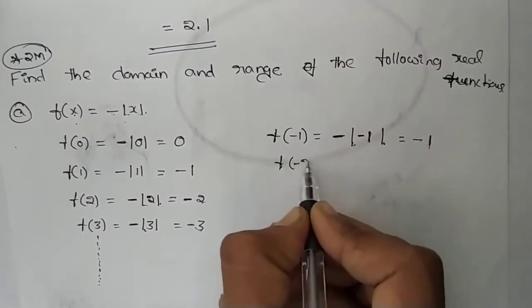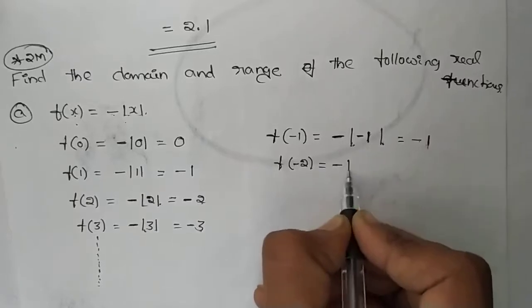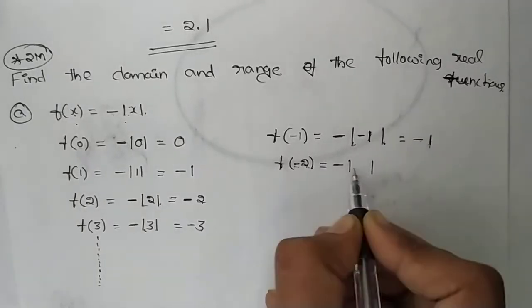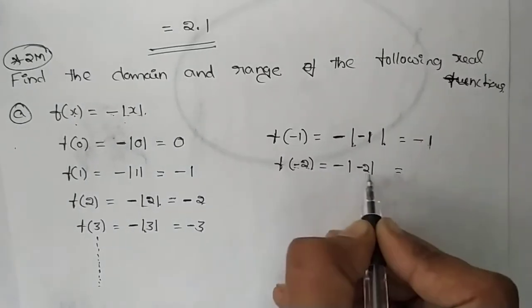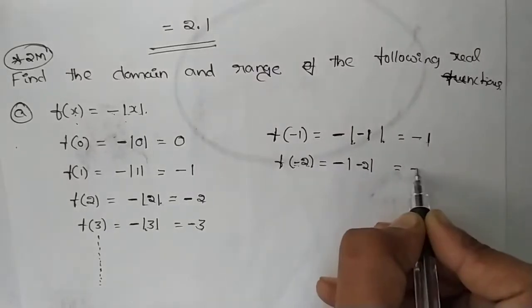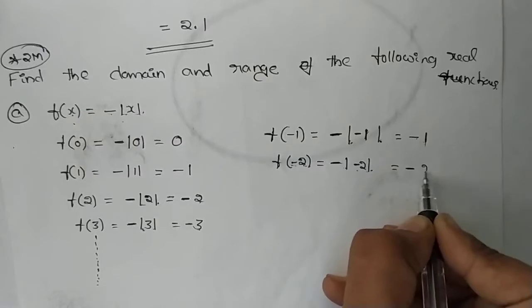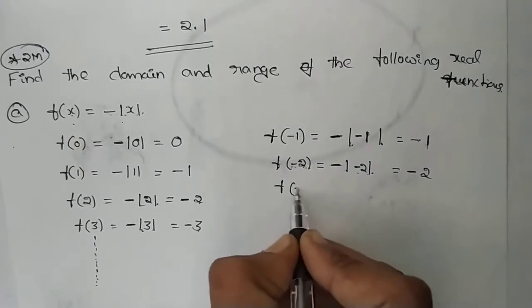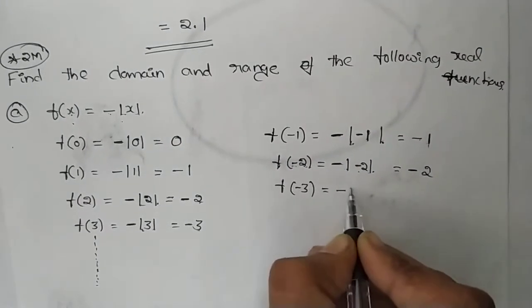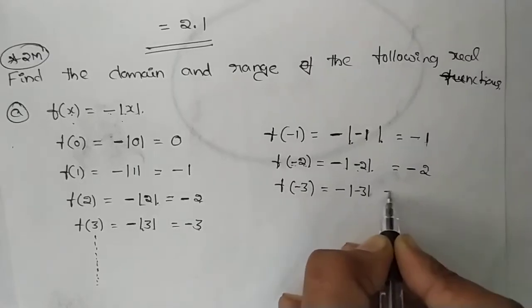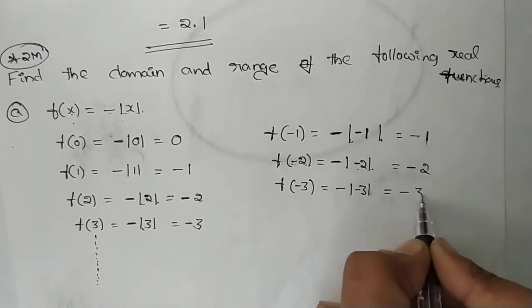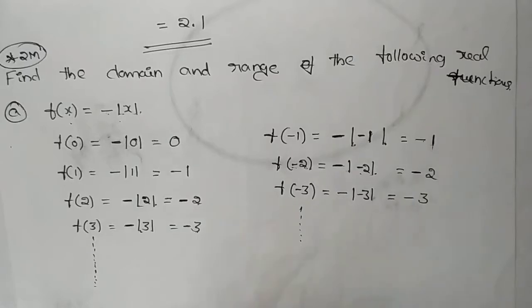Similarly, f of minus 2 equals minus modulus of minus 2. Outside the modulus we have minus, you just keep it as it is. Modulus of minus 2 is plus 2. f of minus 3 equals minus modulus of minus 3 equals minus 3, and so on.